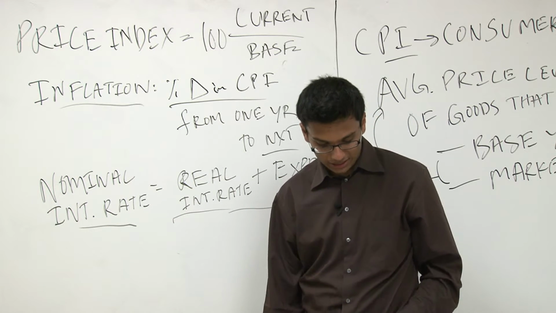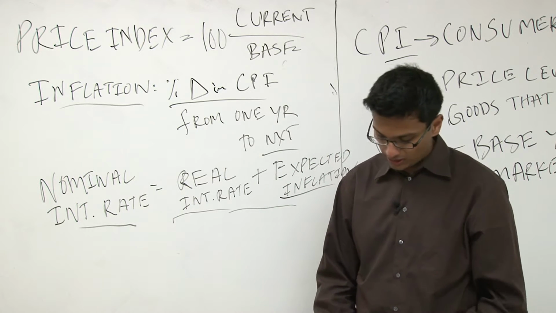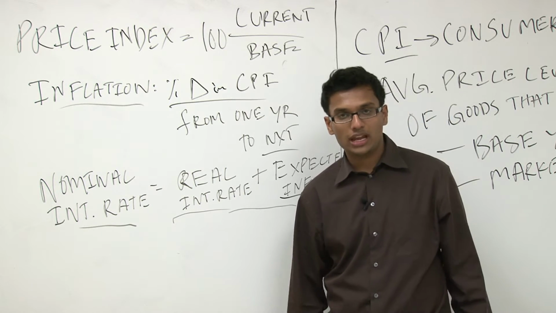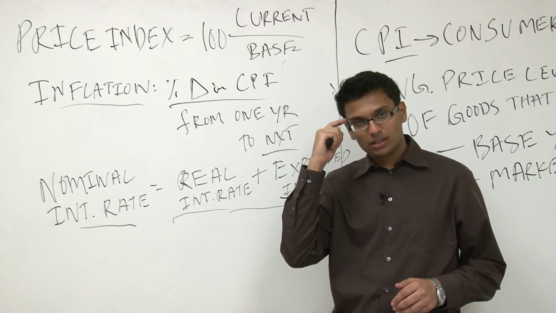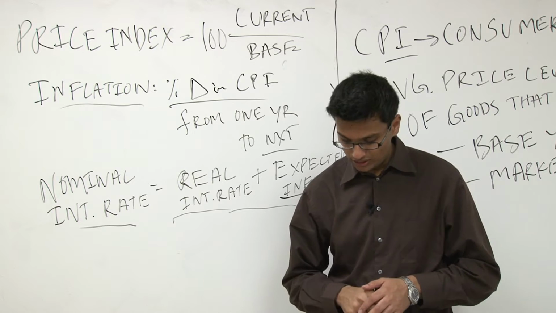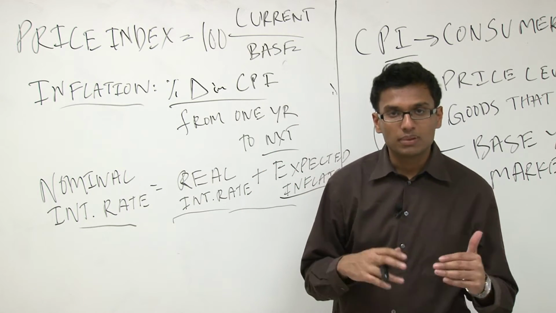Now, that being said, there's also unexpected inflation. And what is unexpected inflation? Unexpected inflation is just any price level change that has either not been calculated for, or it basically is unpredictable. So it's increased by a much larger amount or decreased by a much larger amount than what people have predicted.